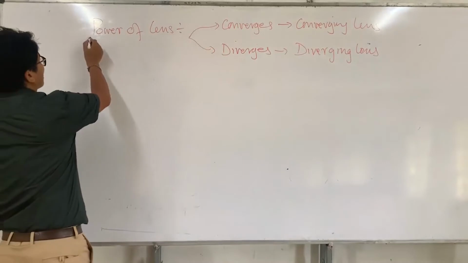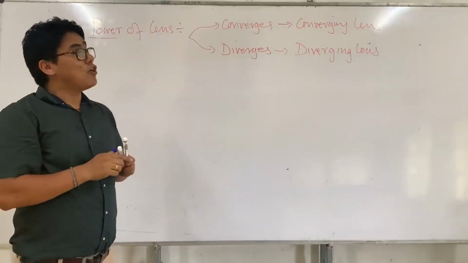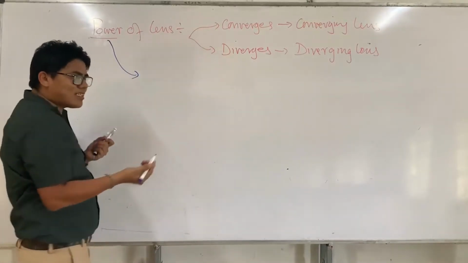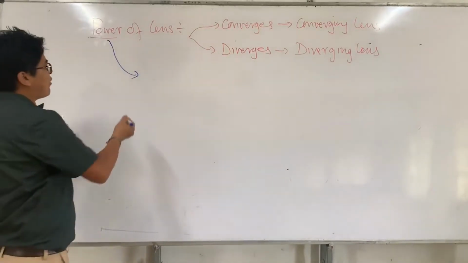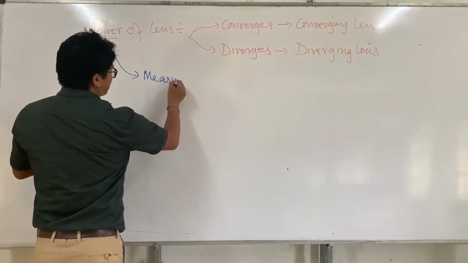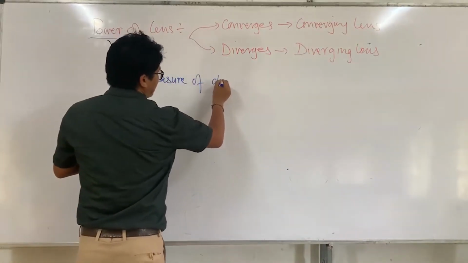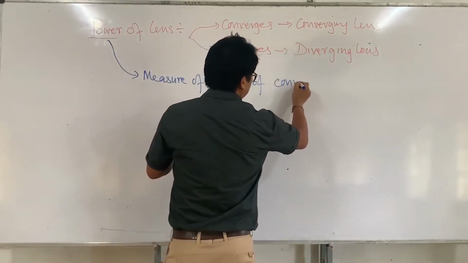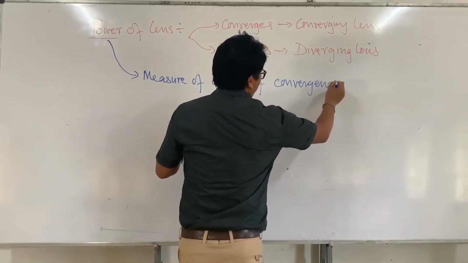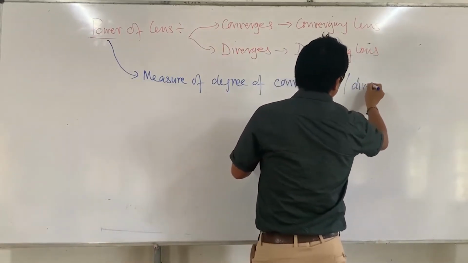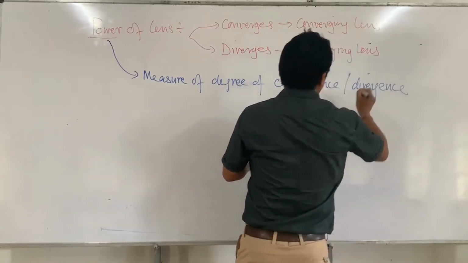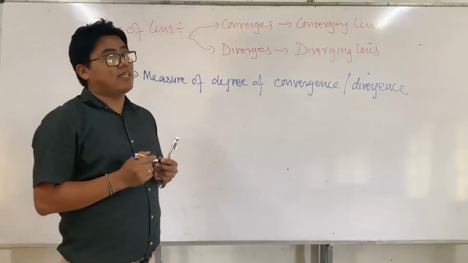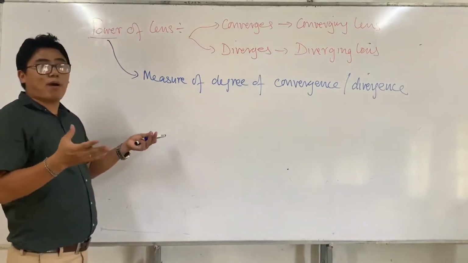So now what is power of lens? The power of a lens is defined as the measure of the degree of convergence or divergence. If the divergence is more, then power is more.